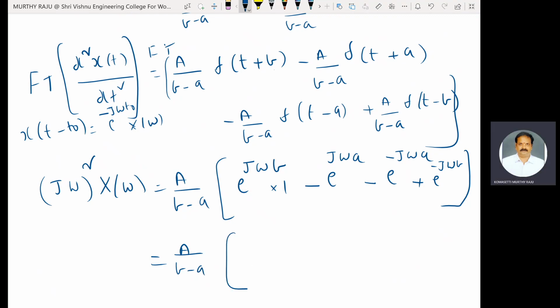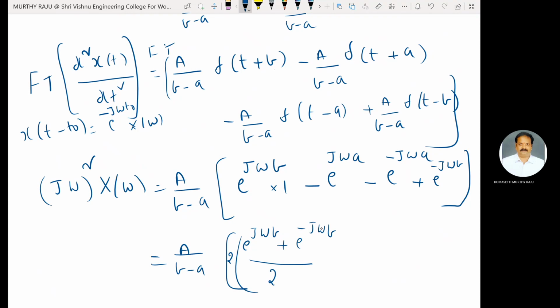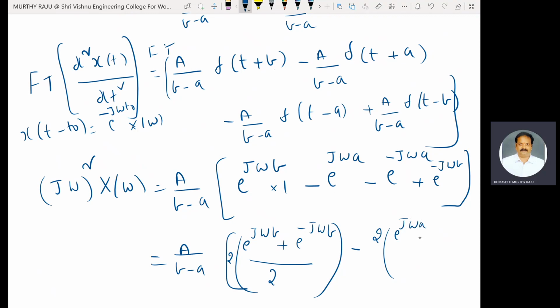a by b minus a times e power j omega b plus e power minus j omega b. Group this term, and multiply numerator and denominator by 2. Next, minus 2 into the group e power j omega a plus e power minus j omega a by 2.